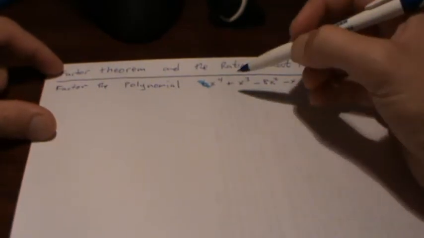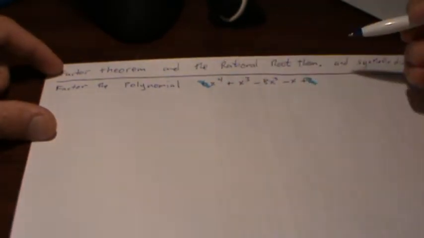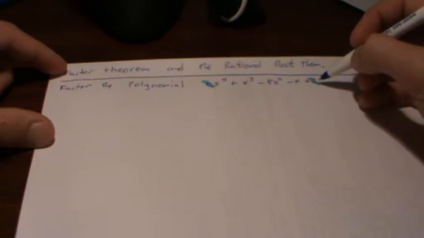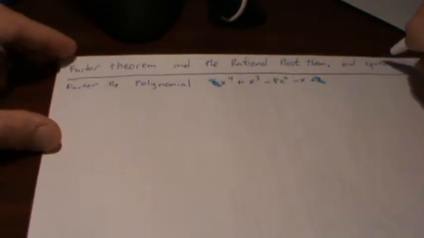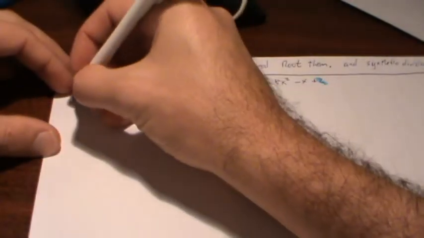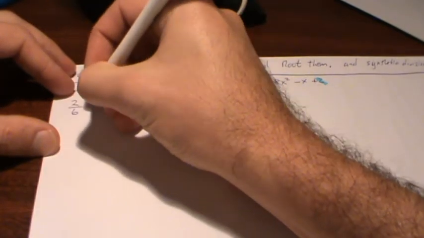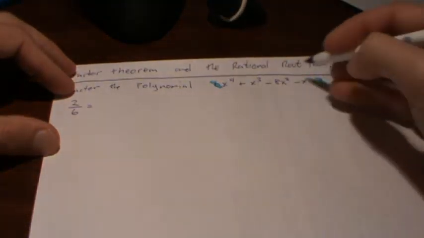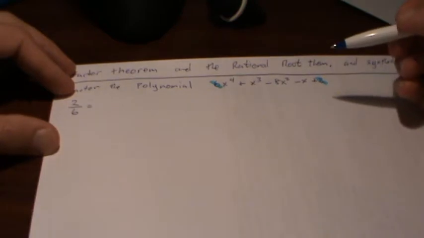The constant number is 2, the lead coefficient is 6, and you write these down in a fraction. 2/6. This is the numerator, this is the denominator.